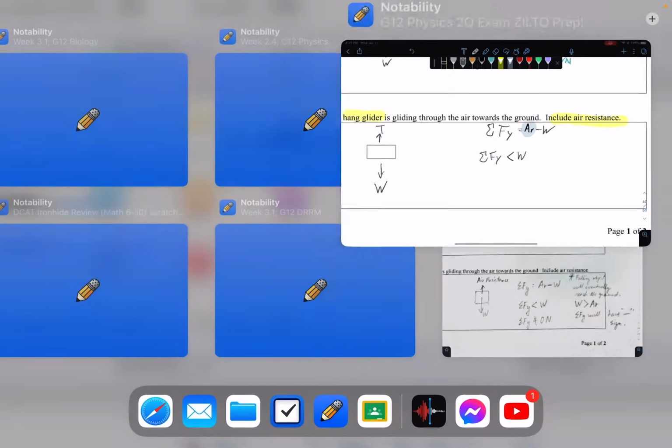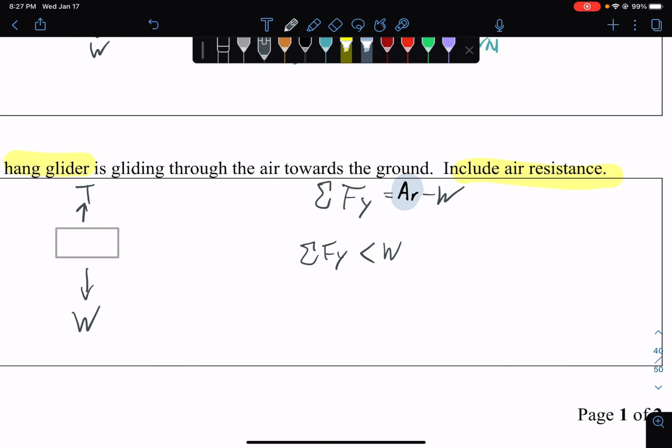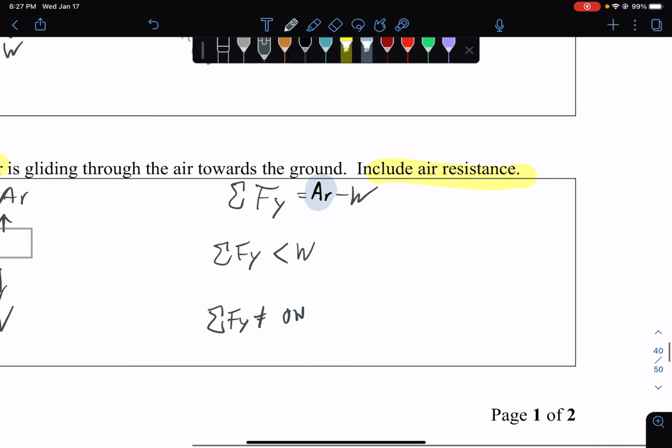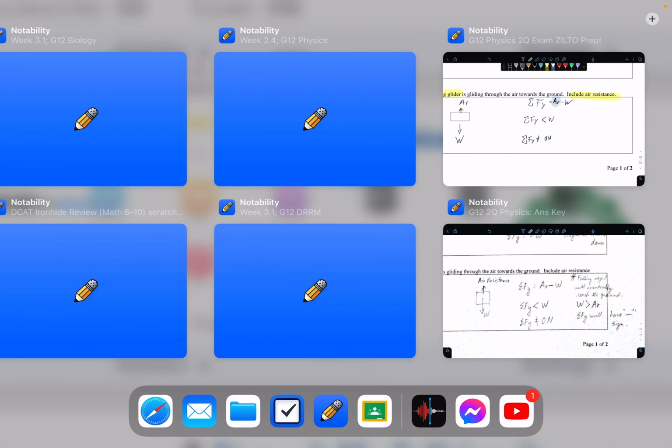So okay, what else? Summation of Fy is not equal to 0 N. How is that justifiable? Well, there is a difference. The air resistance and the weight will never be equal to each other. So if you subtract them, it will never equal 0. So it makes sense that summation of Fy is not equal to 0 newtons.